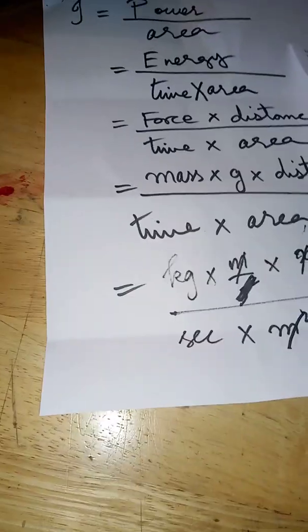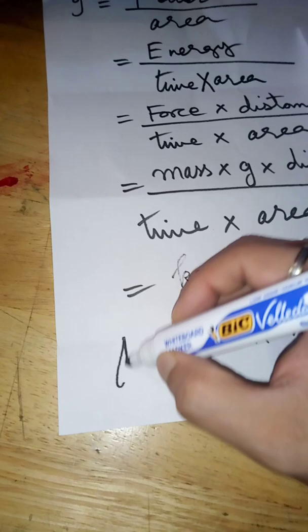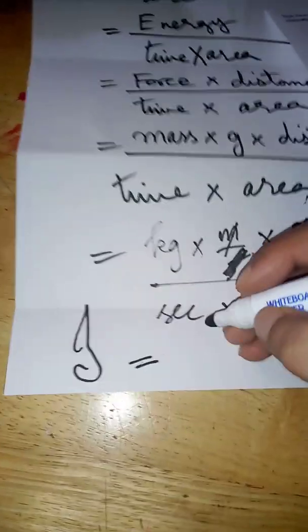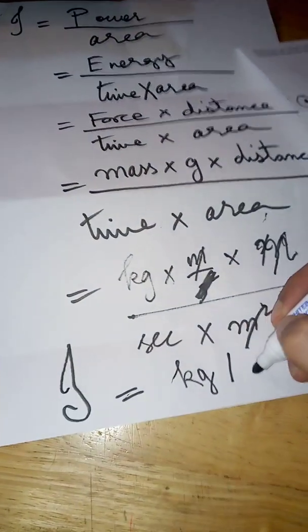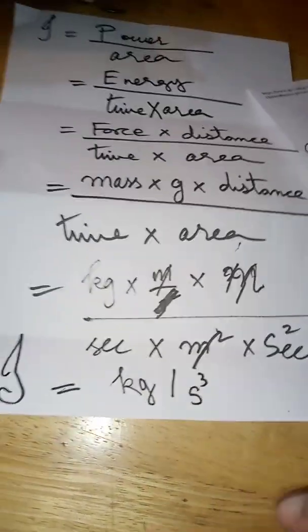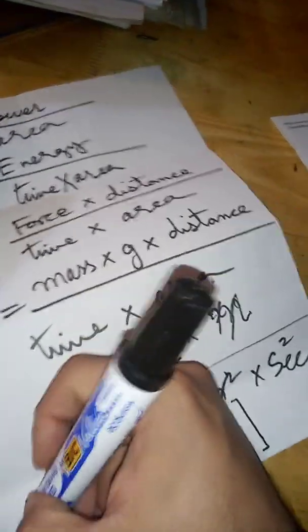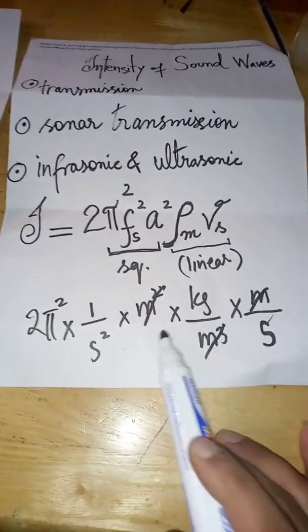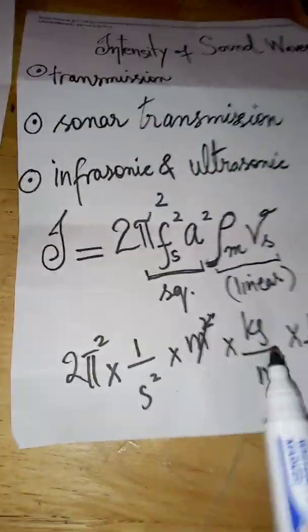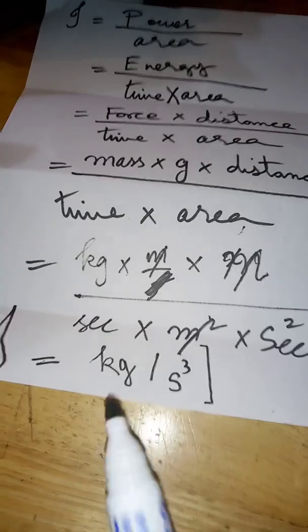So the units of intensity in general are kg per second cubed, and here it's also kg per second cubed. So this equation is consistent and is correct because the units are in line with the units of intensity.